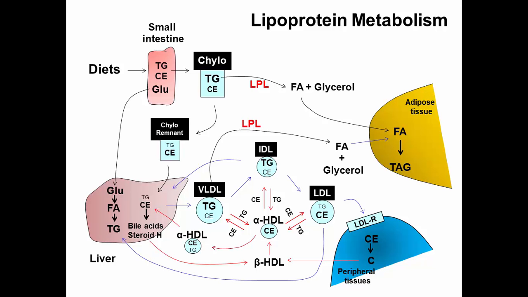And black represents the chylomicron pathway. I don't think it really means anything, but I just try to help you guys recognize it, right? Too many arrows here, right?